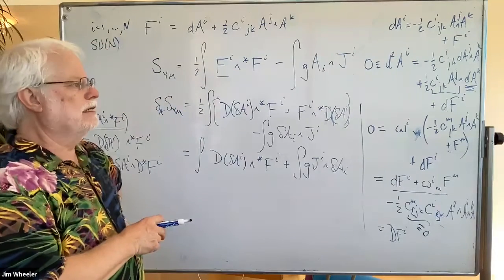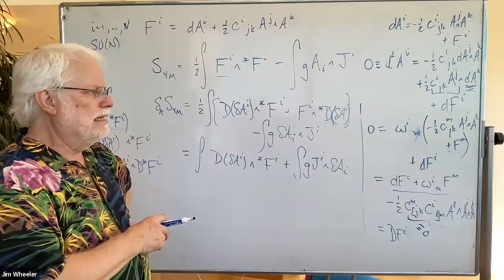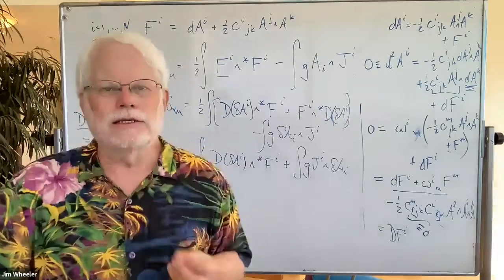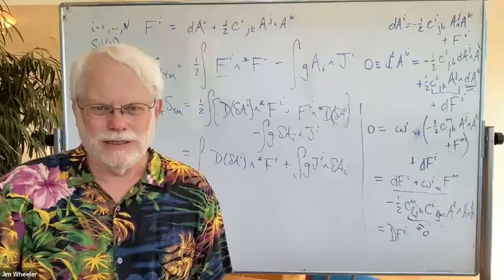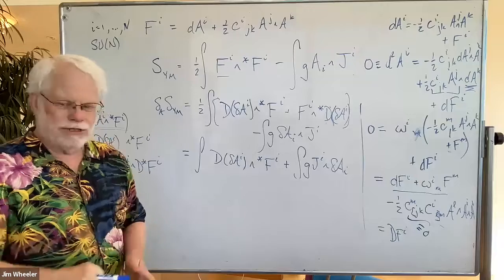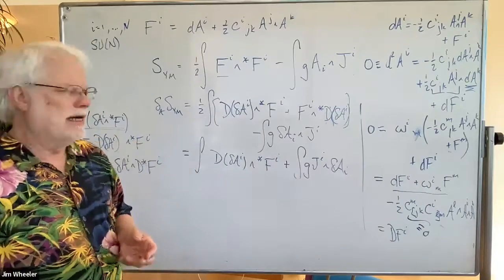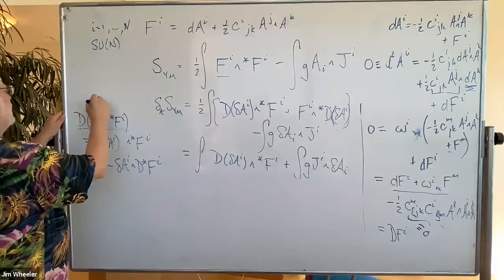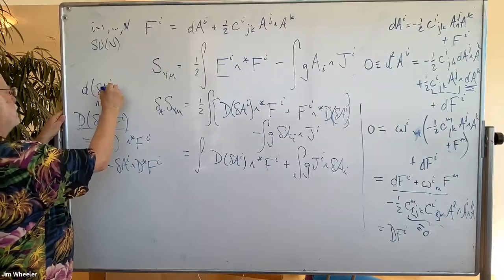D of a four form is a scalar, right? Think when you take the covariant derivative of a scalar in general relativity, it's just the partial. So the same is true for a four form or an n form in n dimensions. The exterior covariant derivative is the same as just the exterior derivative.